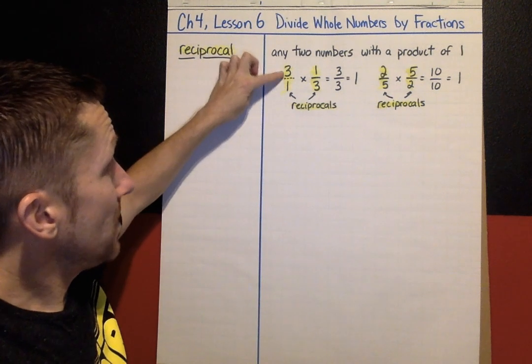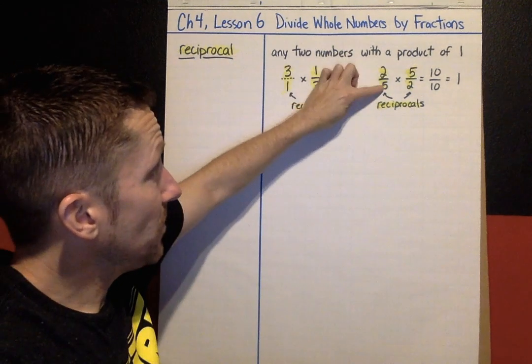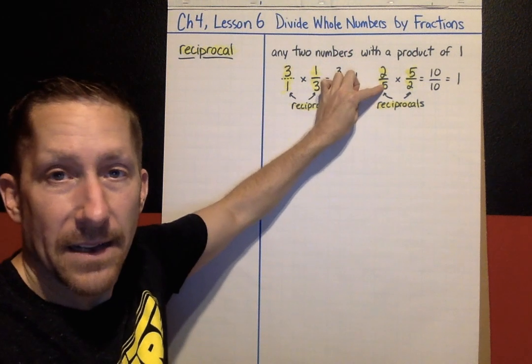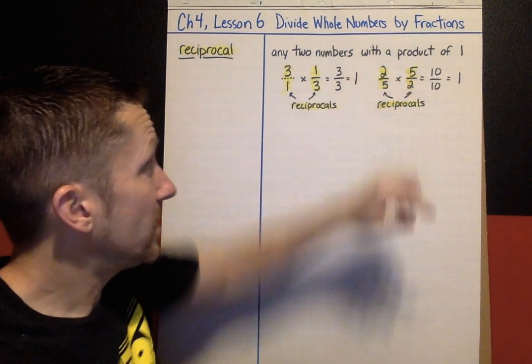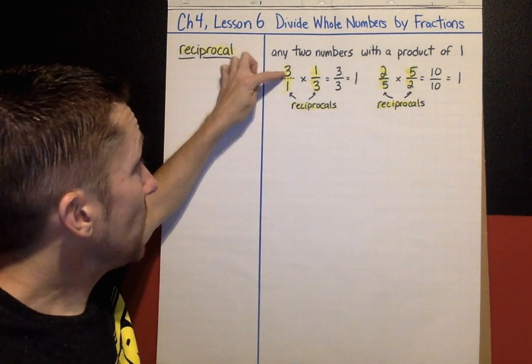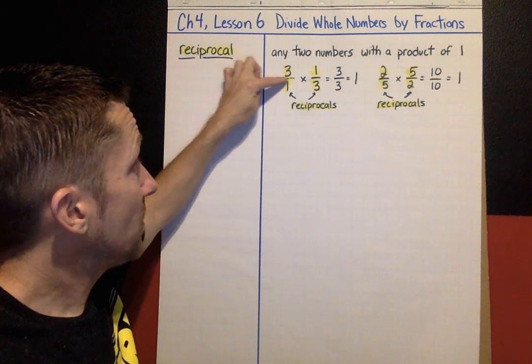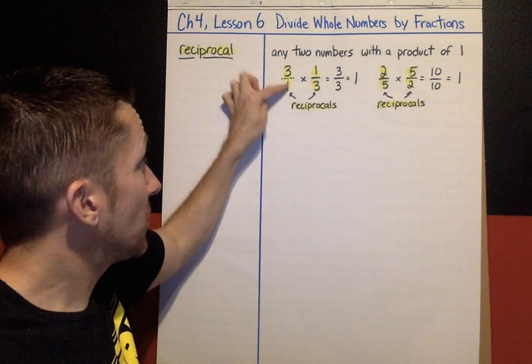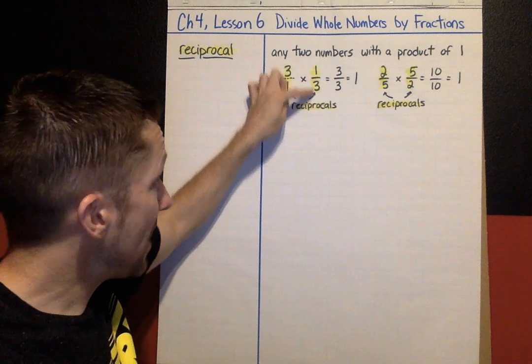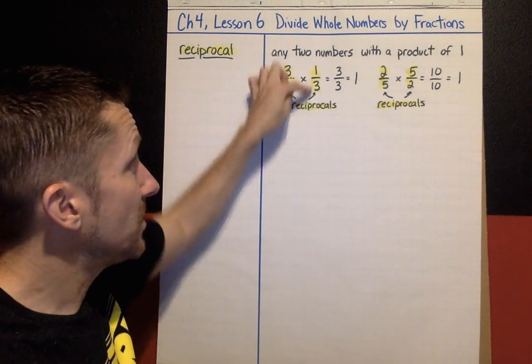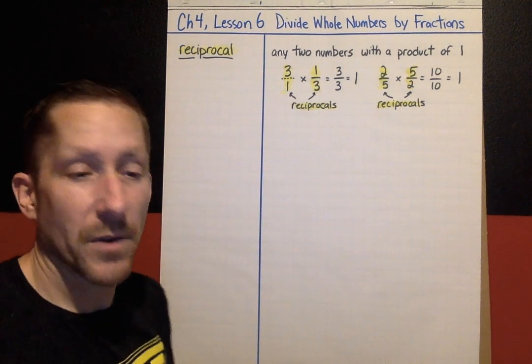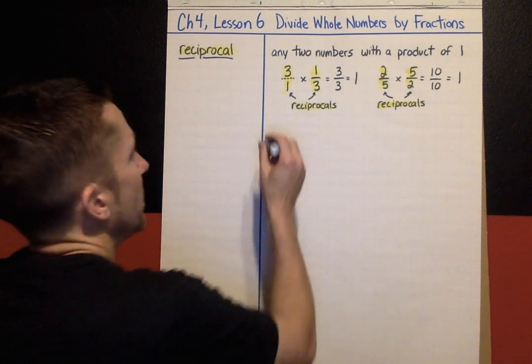So I think you can now see the pattern. The pattern is if you have a number like 2/5, the reciprocal of that is flipping the numerator and the denominator. And if you had a whole number like 3, you could also change that to 3 over 1, and you'd flip those numerator and denominator to make that number's reciprocal. So I'm going to write that right here.